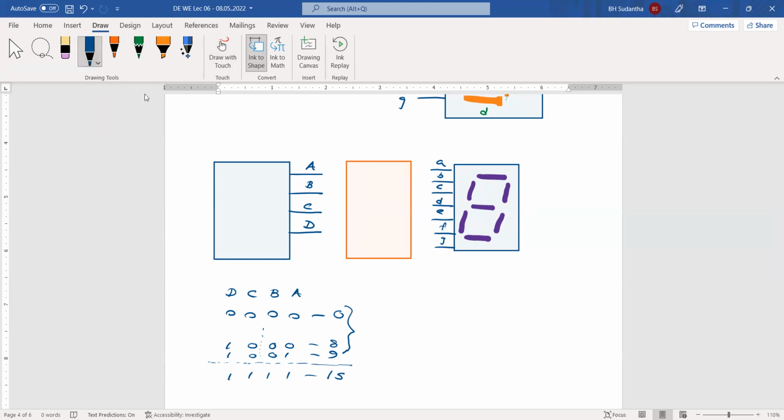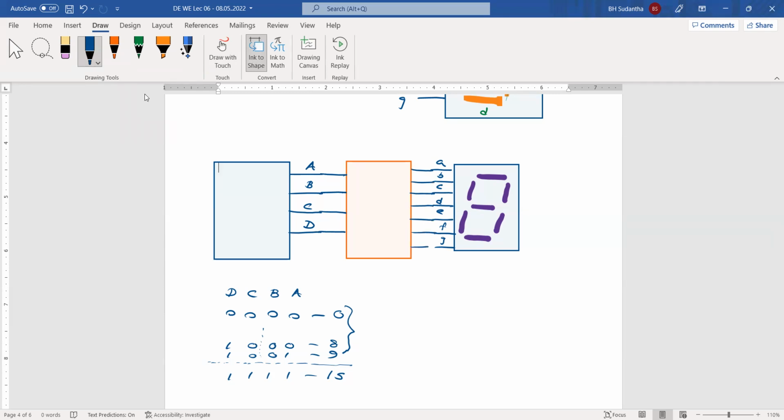It can take these inputs from the binary circuit like this, and it can generate the output lines which the 7-segment display can understand.